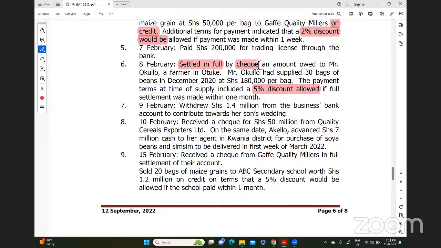We bought in December 2020, we are paying in February. If we had paid in January, that was going to cause a lot of ruckus, not so? But now that we are paying in Feb, it may not cause a lot of problems. Buying in December and paying in Feb, does it qualify you for a discount if you have to pay within 1 month? No. But what if he had paid in January?